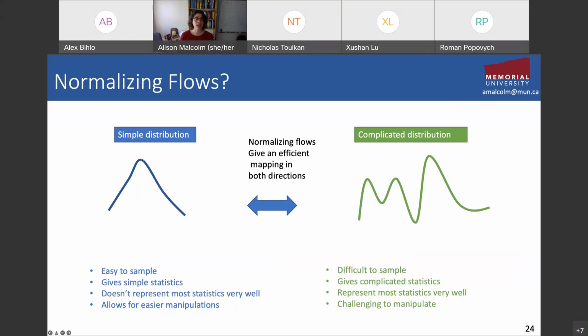So I can take a sample of this distribution and figure out where it would be in this distribution, and vice versa. This can be really powerful because it's easy to sample a normal distribution. No problem at all. We all know how to do that. You can define parameters on the normal distribution, like the standard deviation.